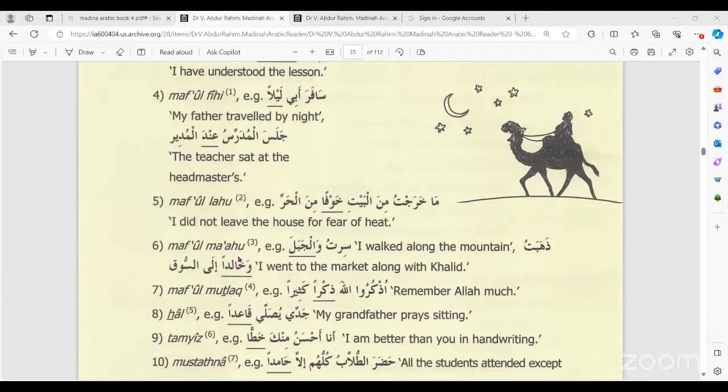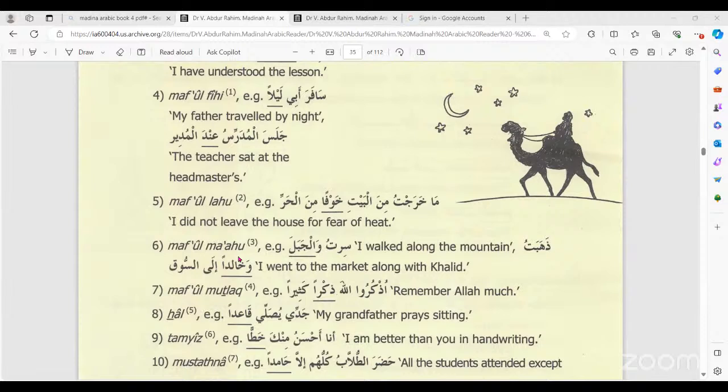For example, I'll give you an example. I killed the snake fearing death. What does that mean? Why did I kill the snake? It would have killed you. Exactly.